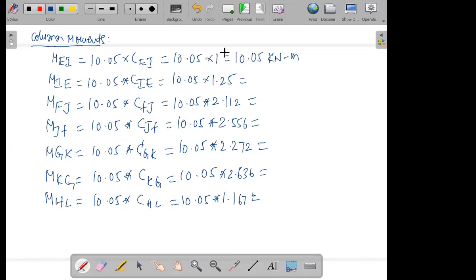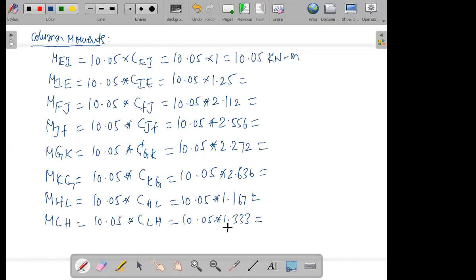Next, MLH is equal to 10.05 into CLH. So 10.05 into the MLH value, 1.333.